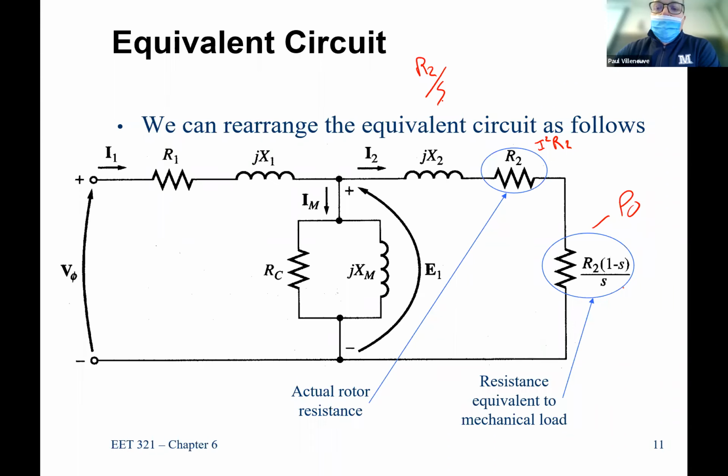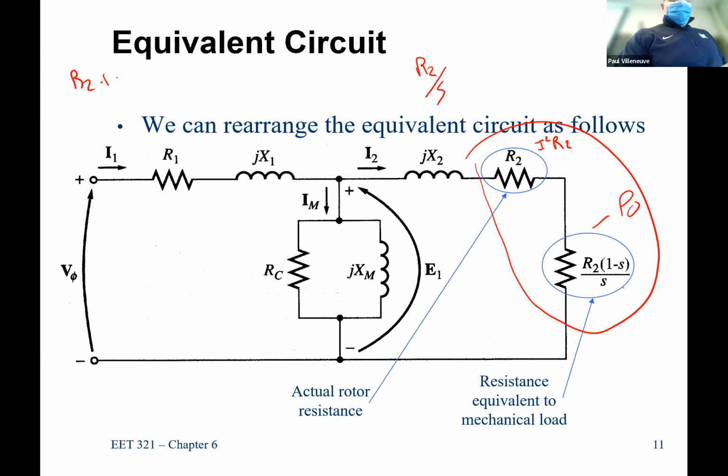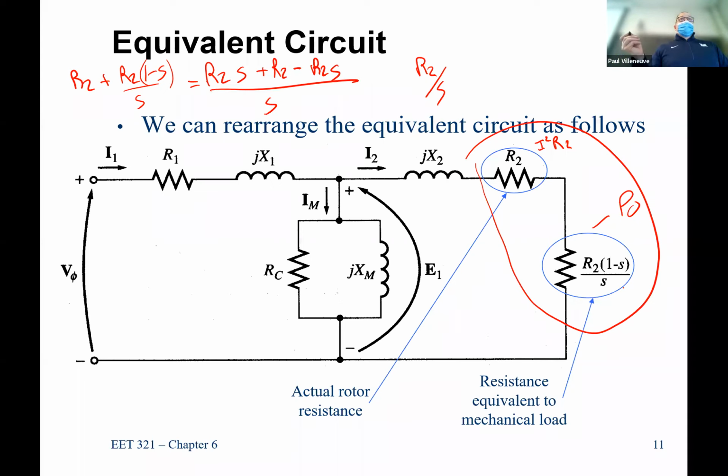Okay, so I say that these 2 are equivalent to R2 over S. So let's add them together. R2 plus R2 times 1 minus S all over S is going to be equal to R2 times S plus R2 minus R2 times S all over S. Common denominator, I add them together, put them in the common denominator.